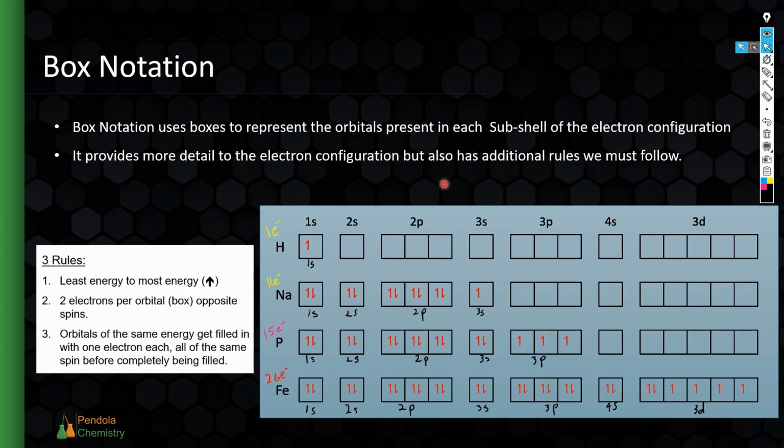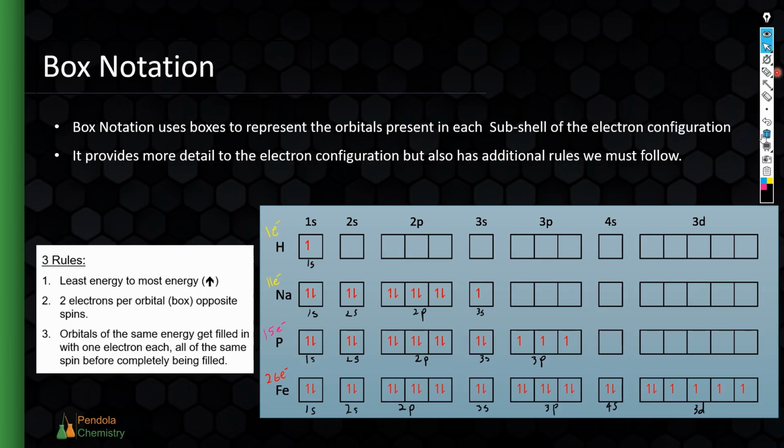And the third one is that when we put electrons into orbitals in the same sublevel, like the 3p sublevel or the d sublevel, we have to put 1 in each orbital before we start pairing them up, like we did here with iron and with phosphorus. All right, that's how we do box notations for Cambridge, and you will be asked this once in a while.